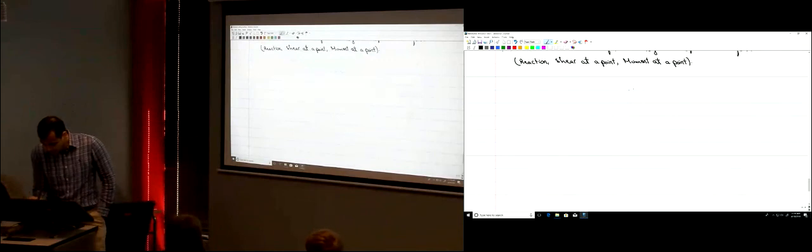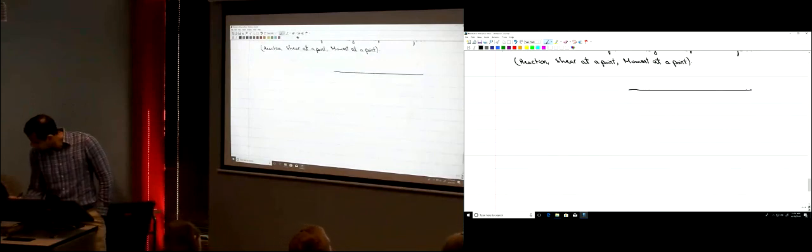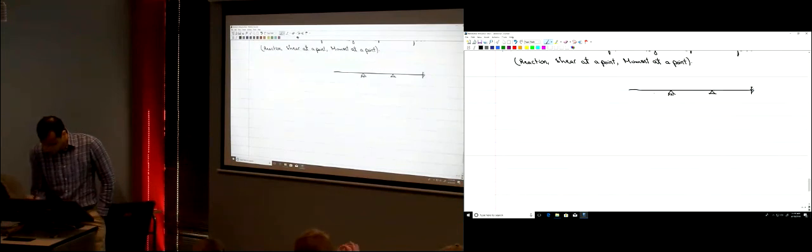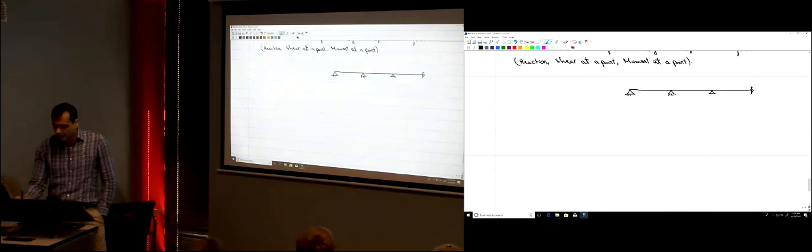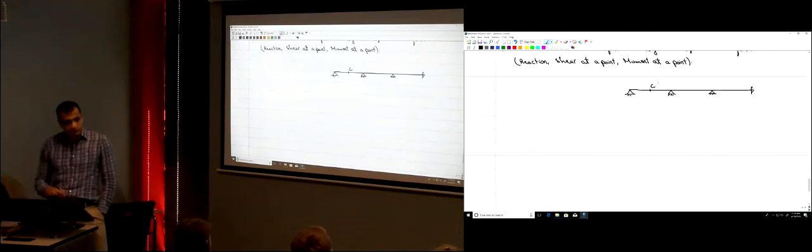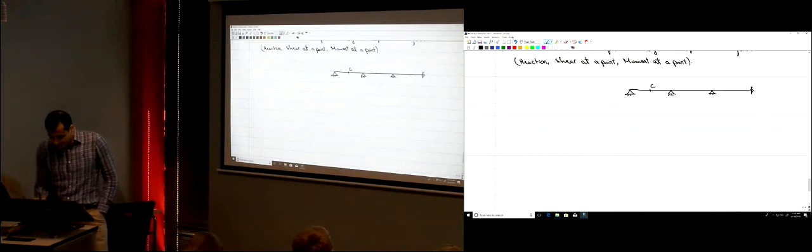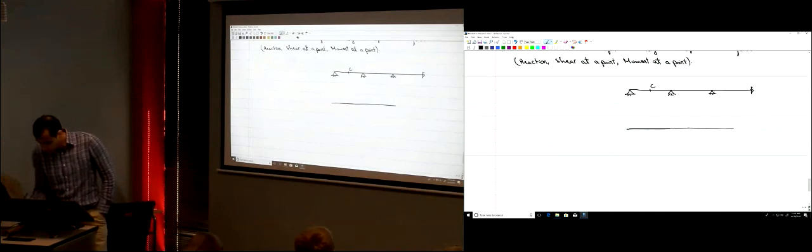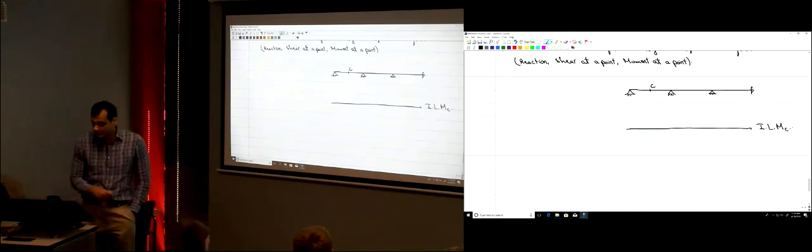Let's say you have a beam that looks like this. This is, by the way, an indeterminate beam. And you have point C over here. And let's say we want to draw the influence line for MC, the influence line of the function MC.